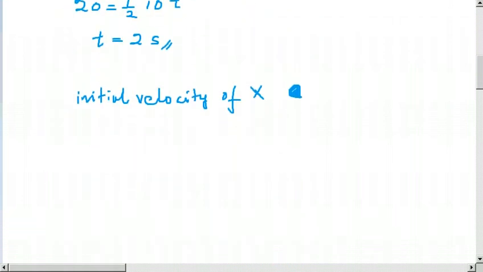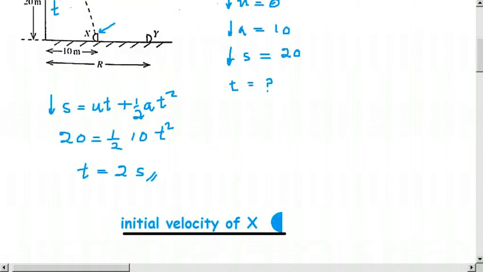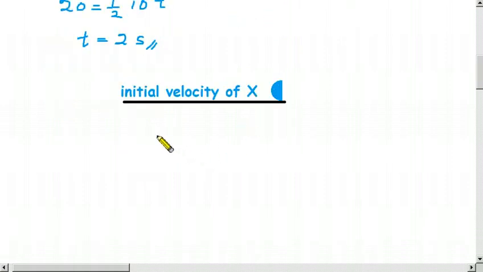So let us use the equation S equals ut horizontally. The topic is horizontal.